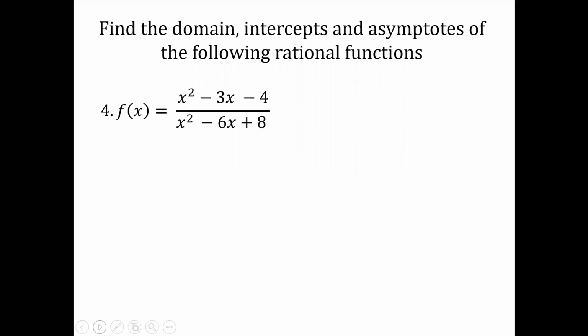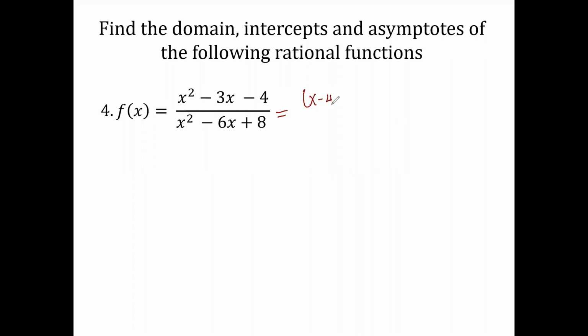So, second to the last example: x squared minus 3x minus 4 all over x squared minus 6x plus 8. So first, let's factor the numerator and the denominator.